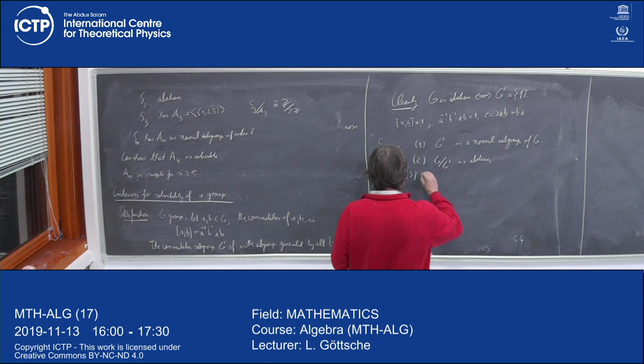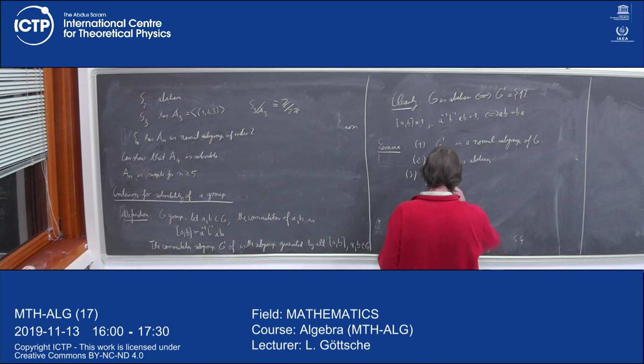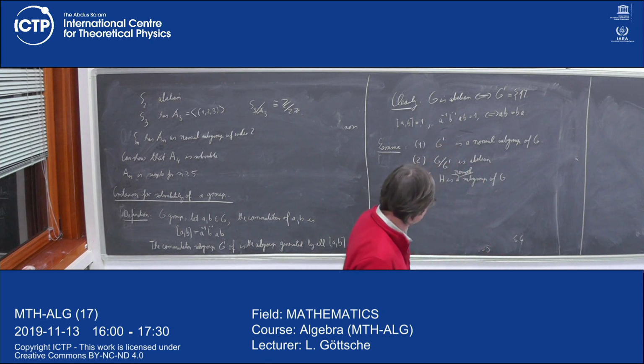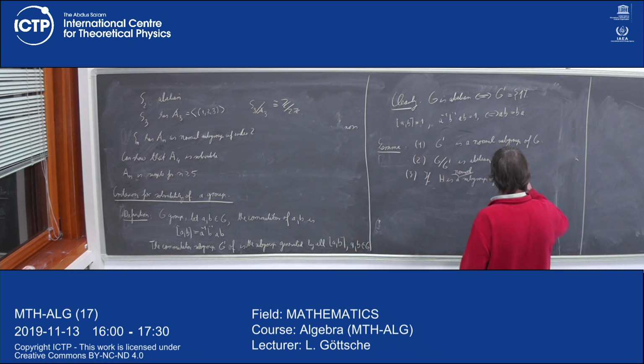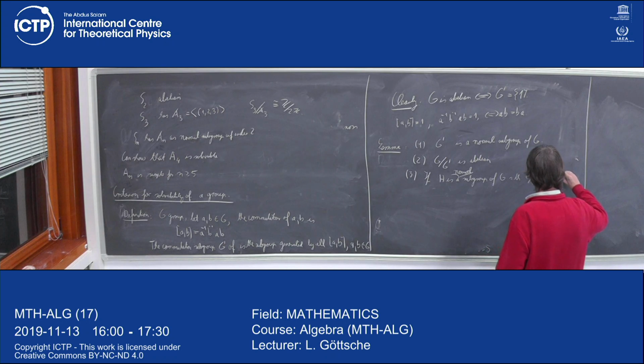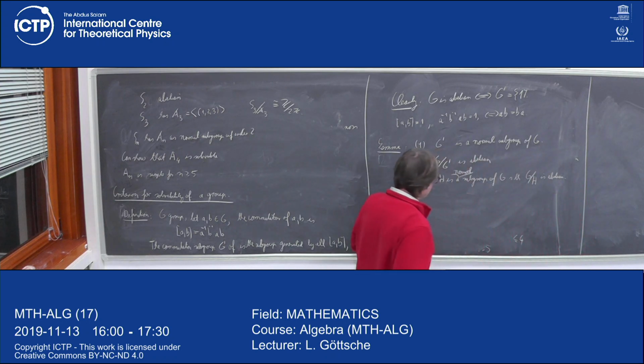So if H is a normal subgroup of G such that the quotient G mod H is abelian, then it must contain the commutator subgroup.